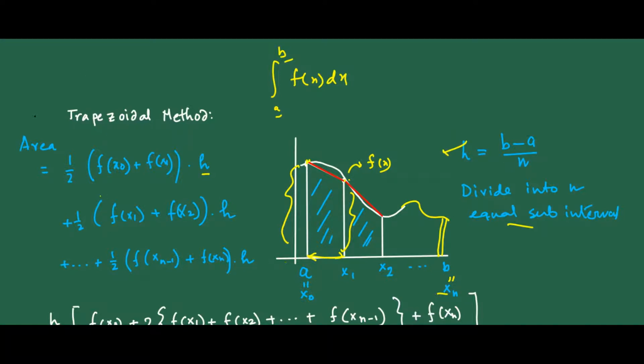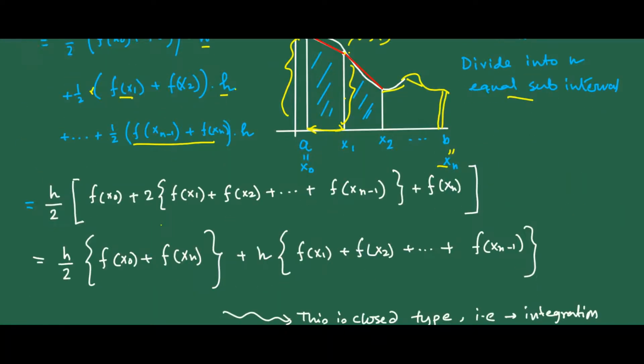And if we do the integration, the total area under these zigzag lines, not the actual f(x), it is an approximation, you know, it becomes half times f(x0) plus f(x1) times h, then half times f(x1) plus f(x2) times h, and this way up to half times f(xn-1) plus f(xn) times h.